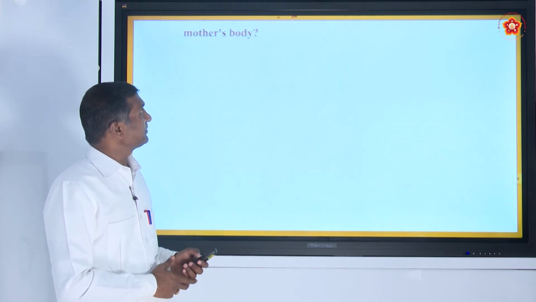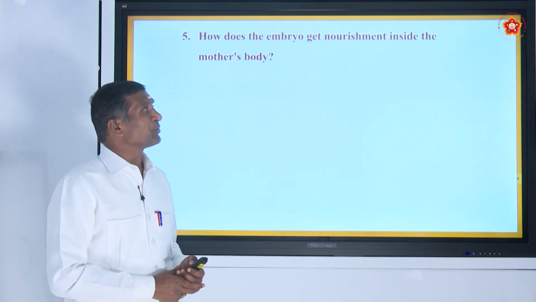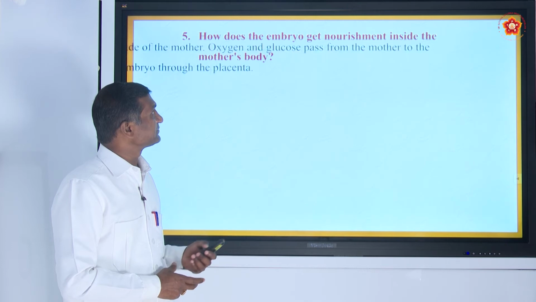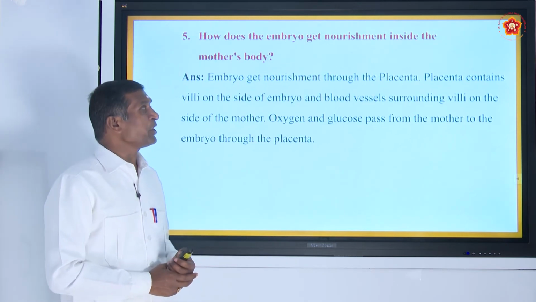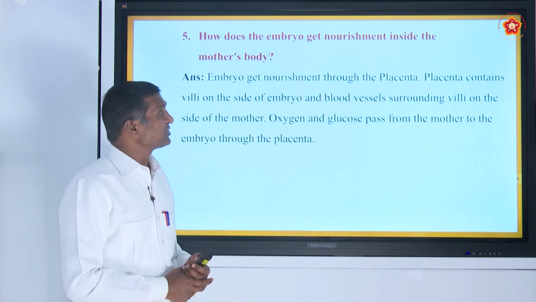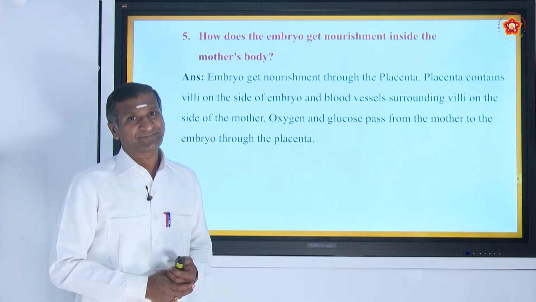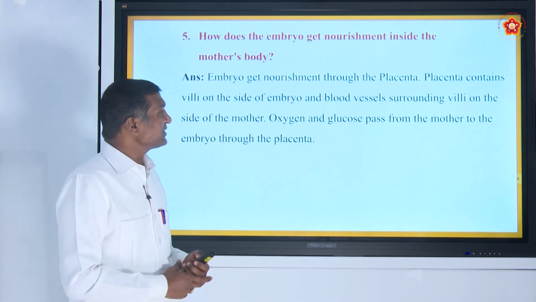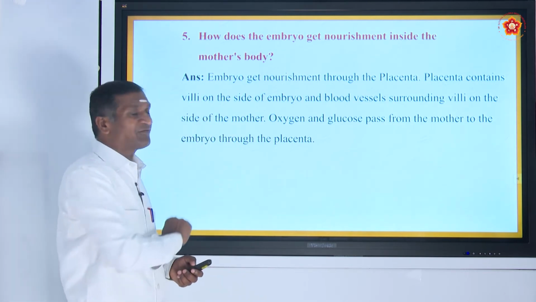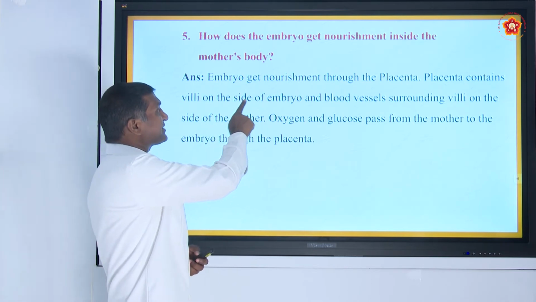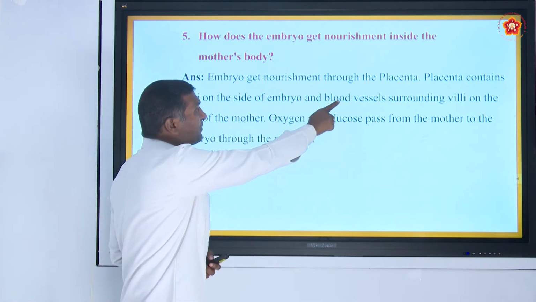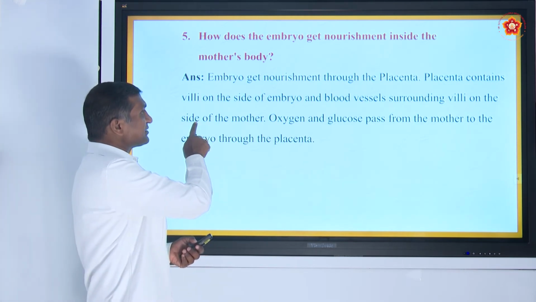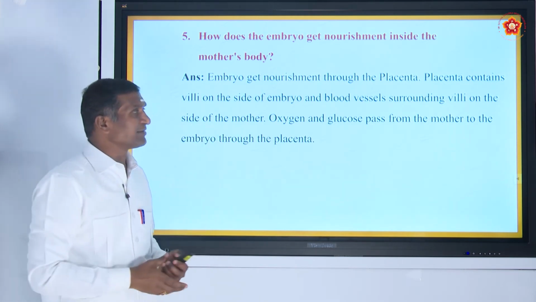The fifth question, how does the embryo get nourishment inside the mother's body? The embryo gets nourishment through the placenta. In Kannada, we call it Jarayu. The placenta contains villi, which are finger-like projections on the side of the embryo, and blood vessels surrounding the villi on the side of the mother.